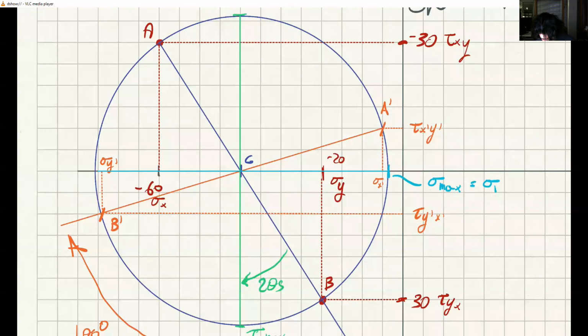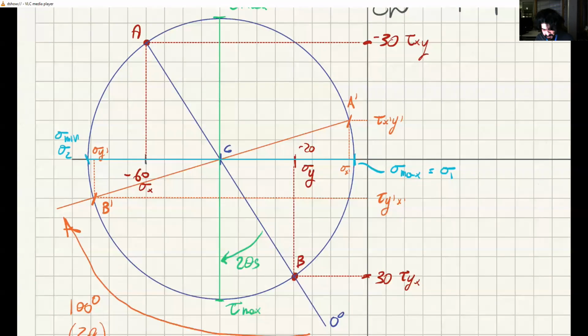And this one is the smallest normal stress that the element can experience, sigma min, also called sigma 2. Now these ones, sigma 1 and sigma 2, are called principal stresses.